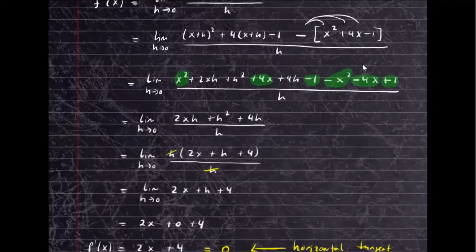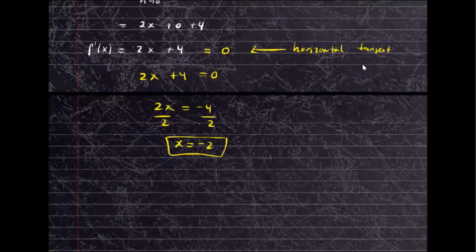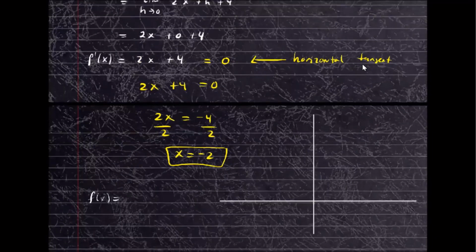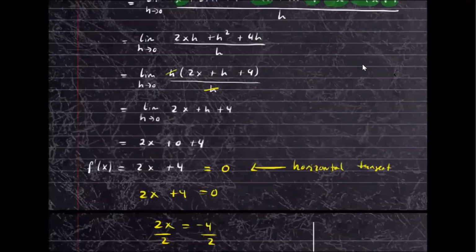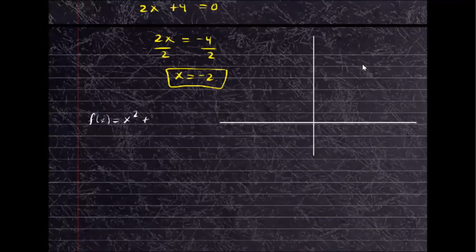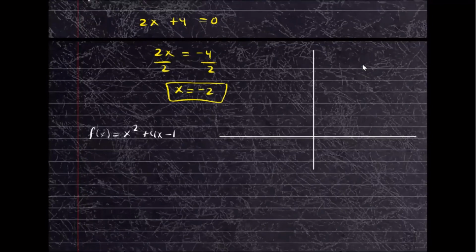Now, if you were to look at the graph, it will look something like this. The function we're looking at is f of x equals x squared plus 4x minus 1. So you know this is a parabola facing upward, and the y-intercept is negative 1.